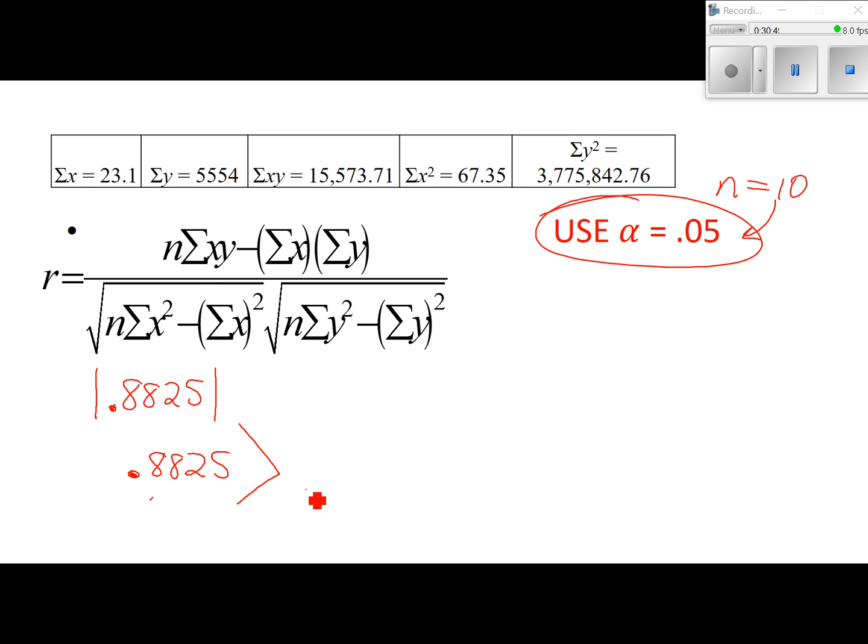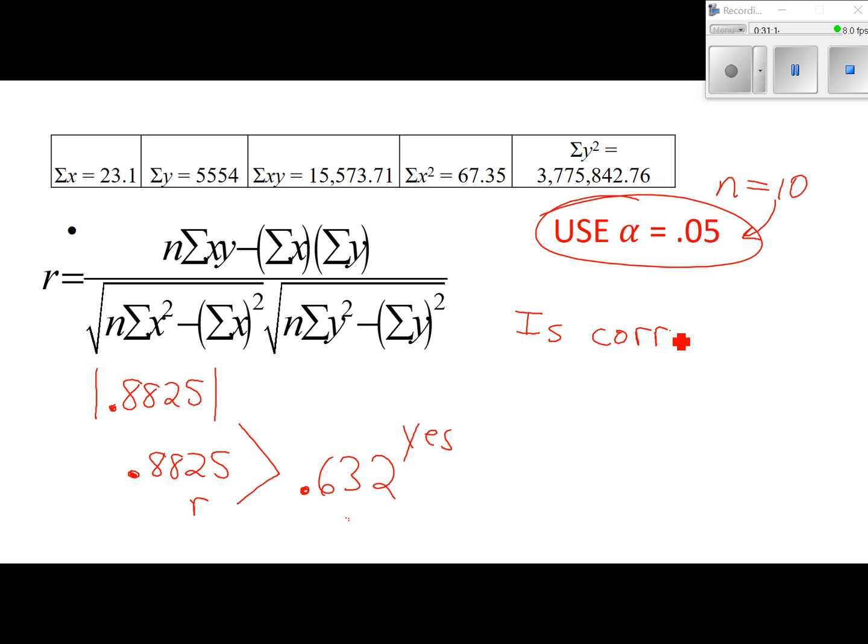So we're right here at this number, which is 0.632. If I go back now, our critical value then is 0.632, and we're going to compare those two and decide if R is bigger than our critical value, and this time it is bigger.